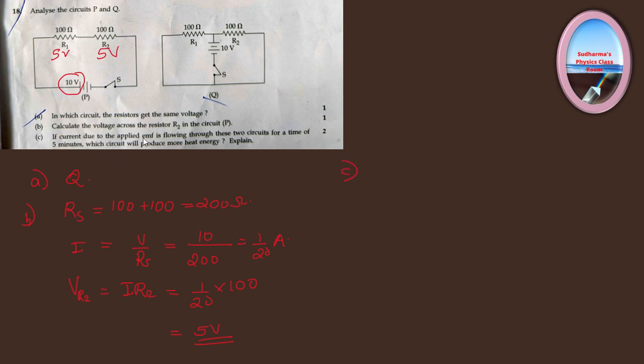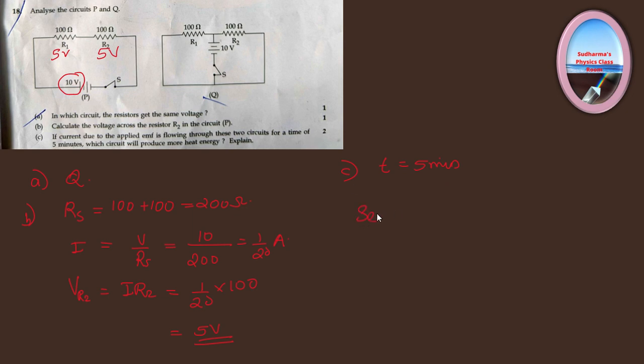Now, question C. If current due to the applied EMF is flowing through these circuits for a time t equal to 5 minutes, which circuit will produce more heat energy? Explain. The total voltage given is 10 volt for both. In a series connection, we have more resistance, right? When there is more resistance, the current is going to be less.